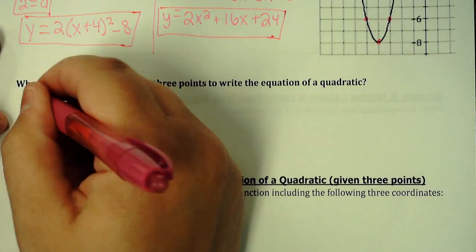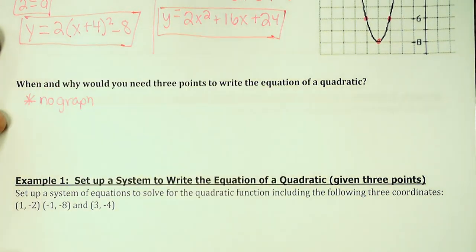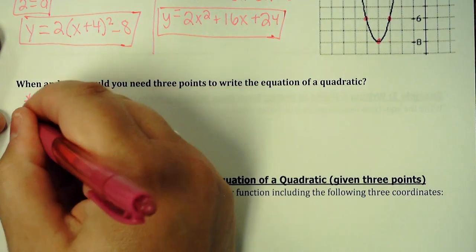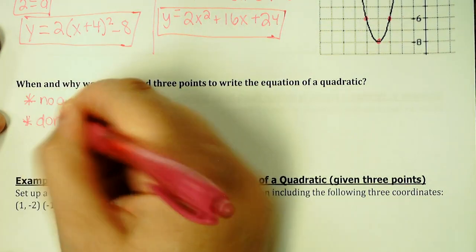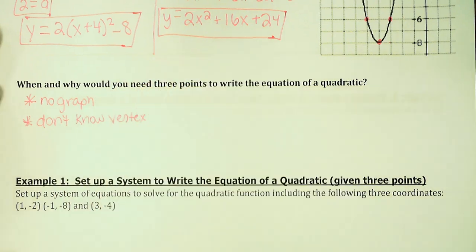So when you have no graph, so you have no picture of the graph, you don't know what it looks like, and if you don't know the vertex, you have to know the vertex to be able to use that vertex form. So if I don't have a picture and I'm not given the vertex, you are going to need 3 points.